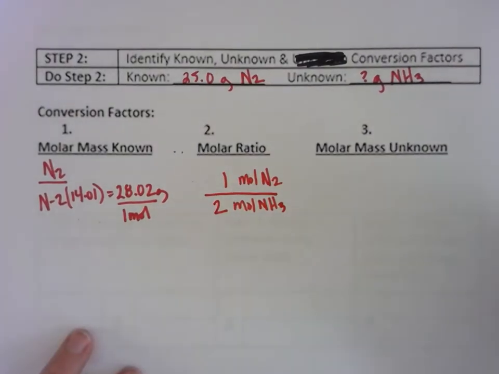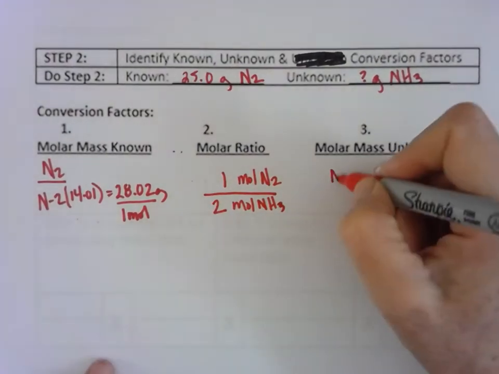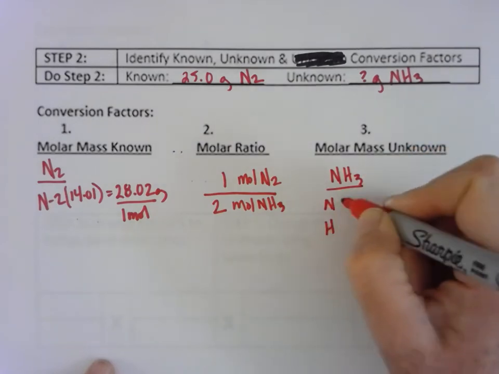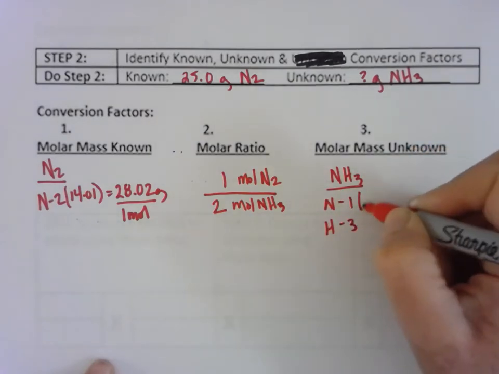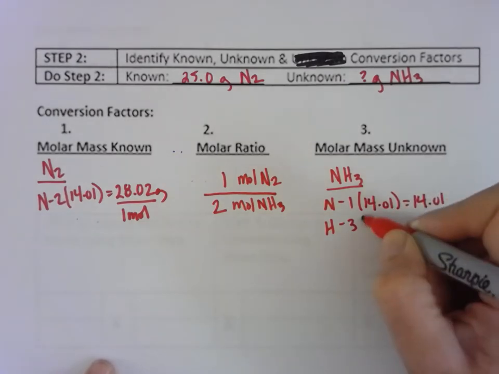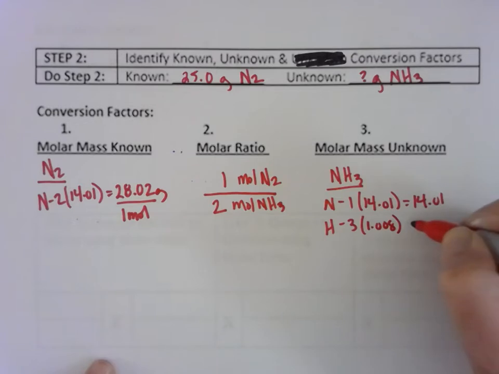And my molar mass of my unknown. So NH3, I have N's and H's, I have 1, I have 3. 14.01 is 14.01. 1.008 times 3 is 3.024.